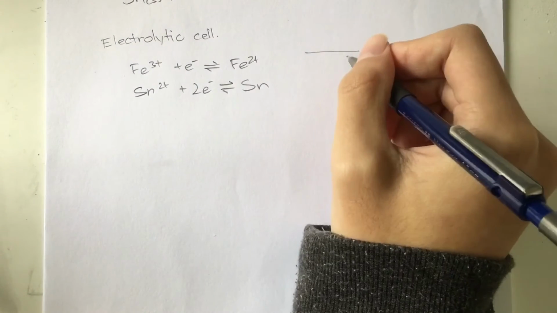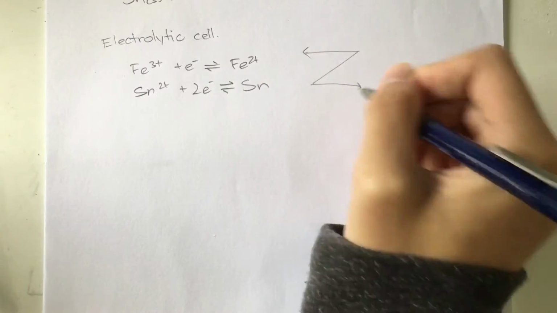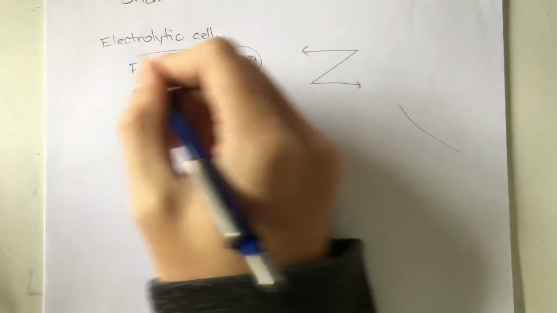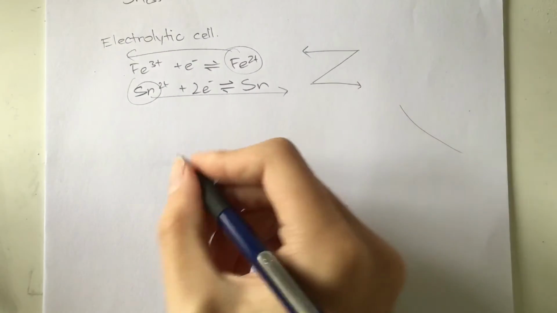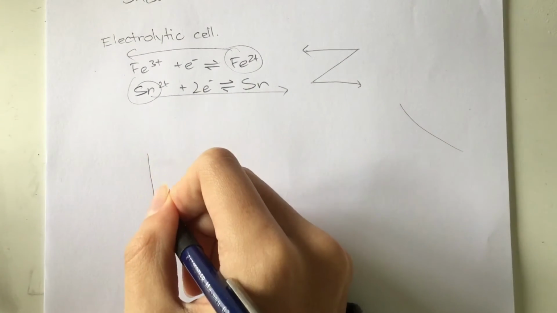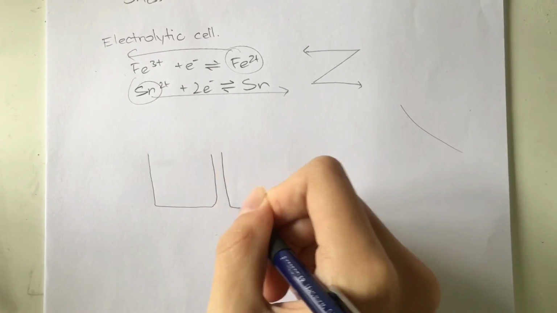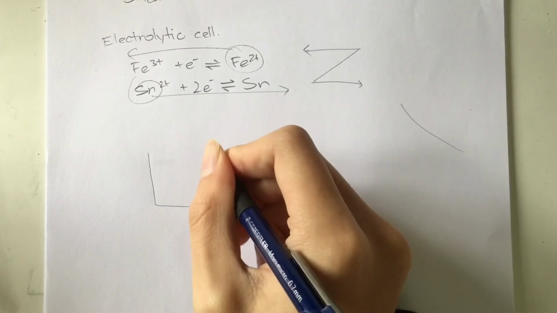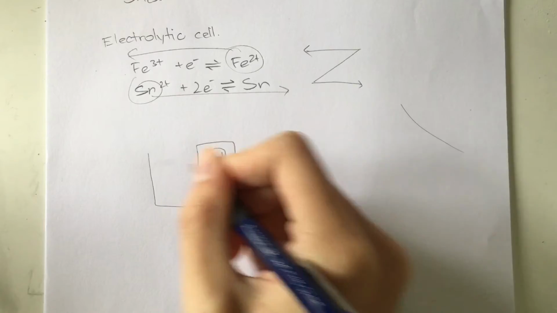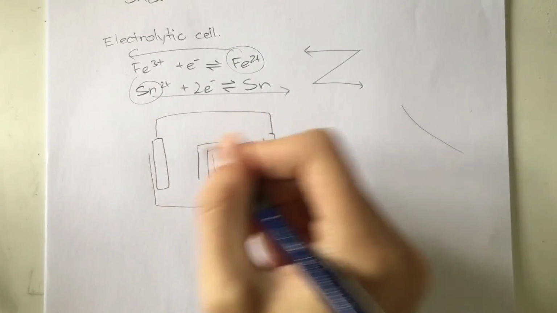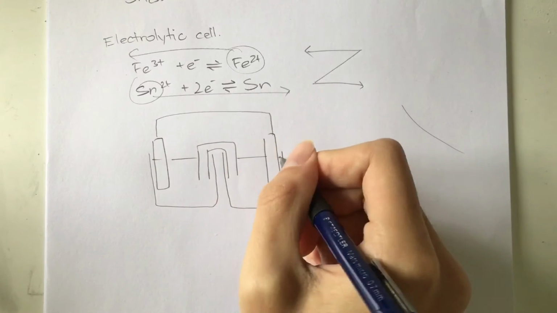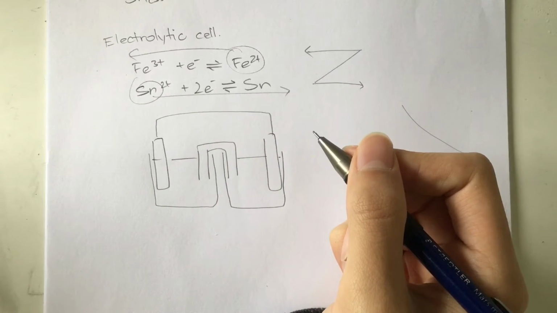And so in electrolytic cells, it's actually a correct way Z. So it's going this way. Have a cell bridge as usual. There's our electrodes. Complete the circuit. It's done.